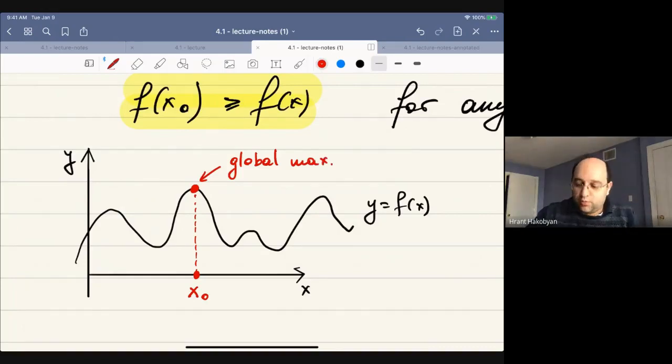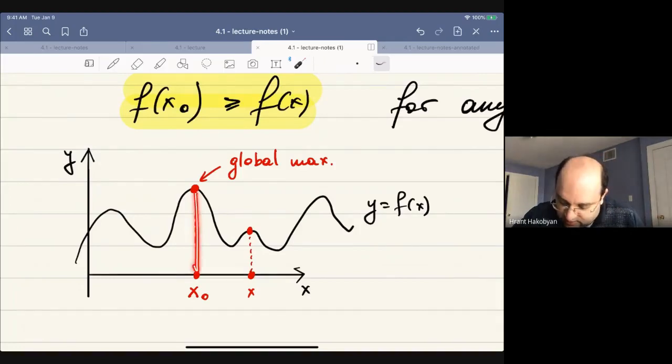Okay, so global maximum means that if you pick any other point on x, like this one here, then the value of the function here is smaller than at x naught. So this is basically saying that this height here is greater than that height there. Okay, so that's what that means.